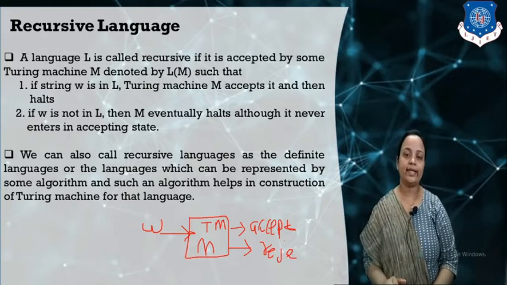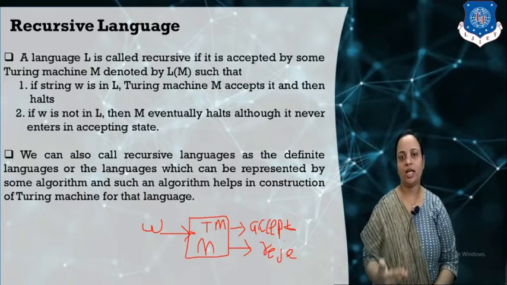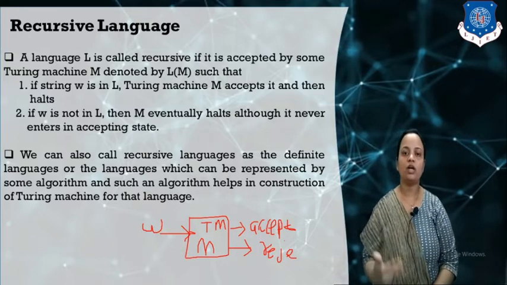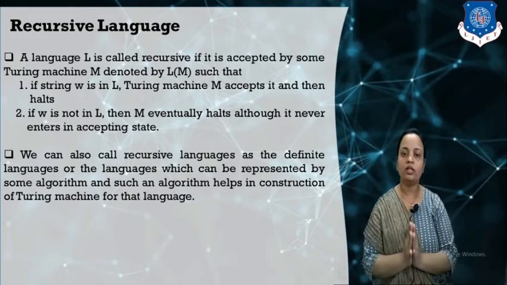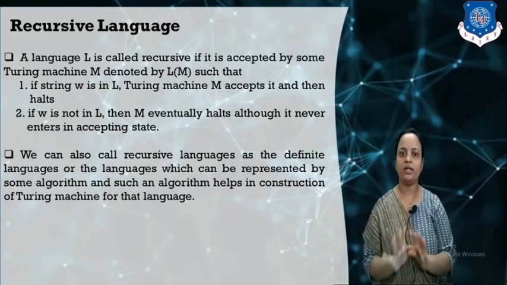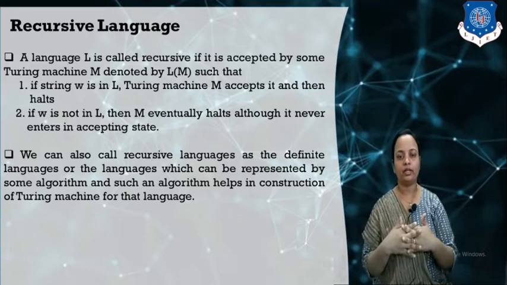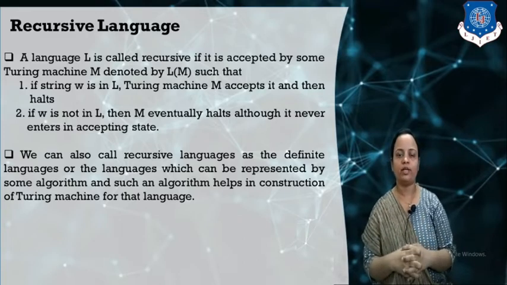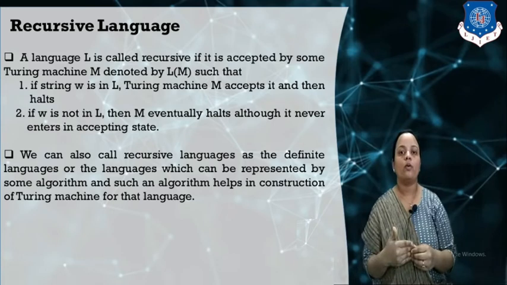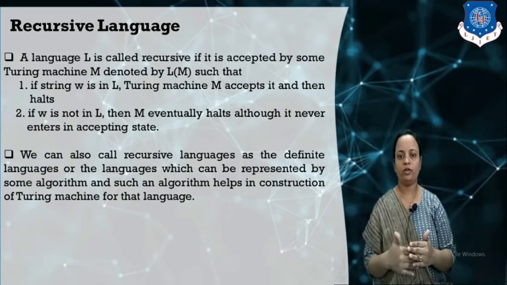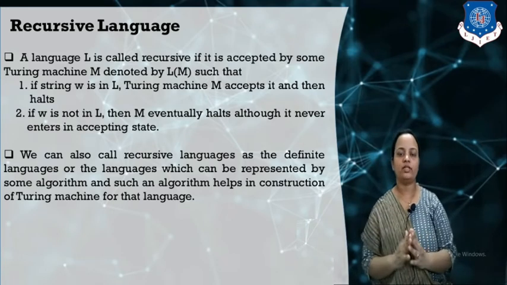So here we can say that the accepting state and rejecting state are both properly defined for the recursive language. In the case of recursively enumerable languages, the accepting state is properly defined, but the rejecting state is not. The Turing machine may enter an infinite loop or may enter a rejecting state.